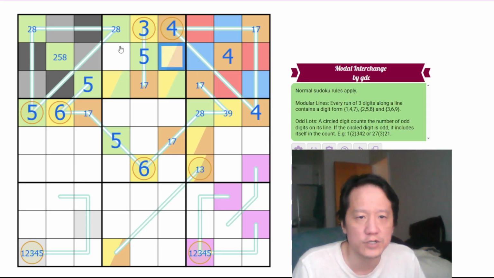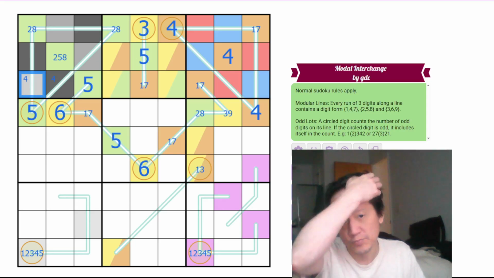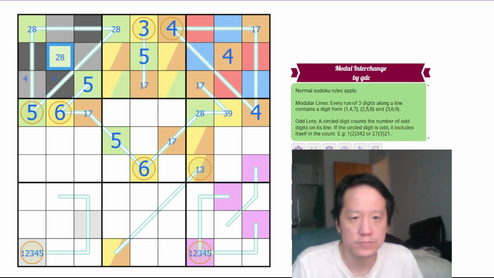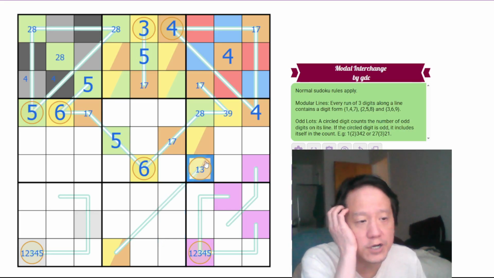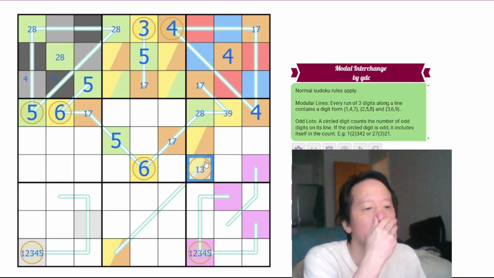So we have orange and yellow here. 4 must be one of these two. We're not sure which. This can't be 5 here. This is either one odd digit or 3 odd digits. We're not sure which.